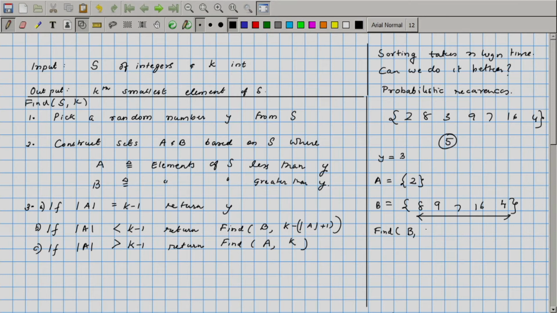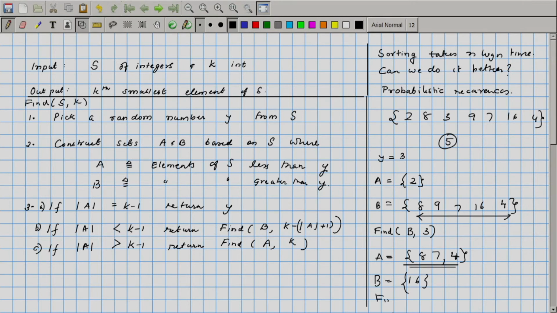So, B comma 3 would be the call, and again let us say we choose a random element, suppose we had chosen 9. In that case our A would be 8, 7, 4 and B would just contain 16. There are already 3 elements in this collection, so we can skip all the other elements.